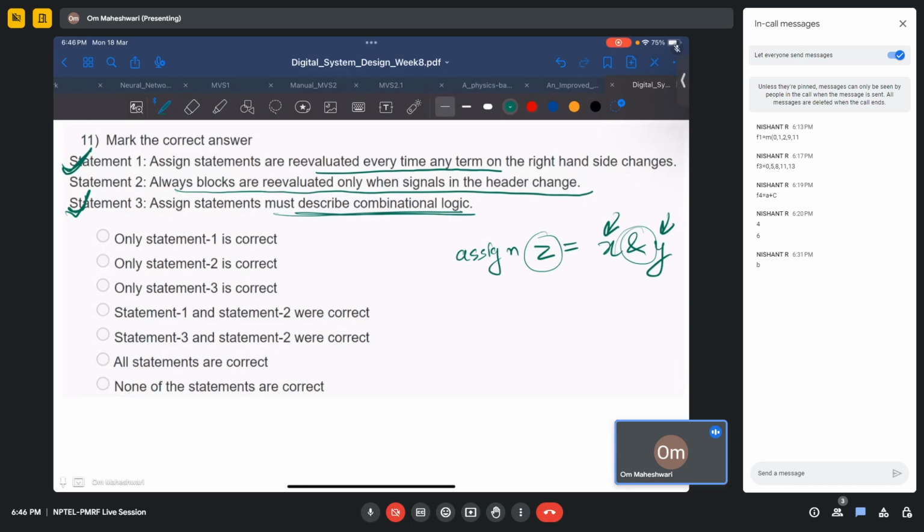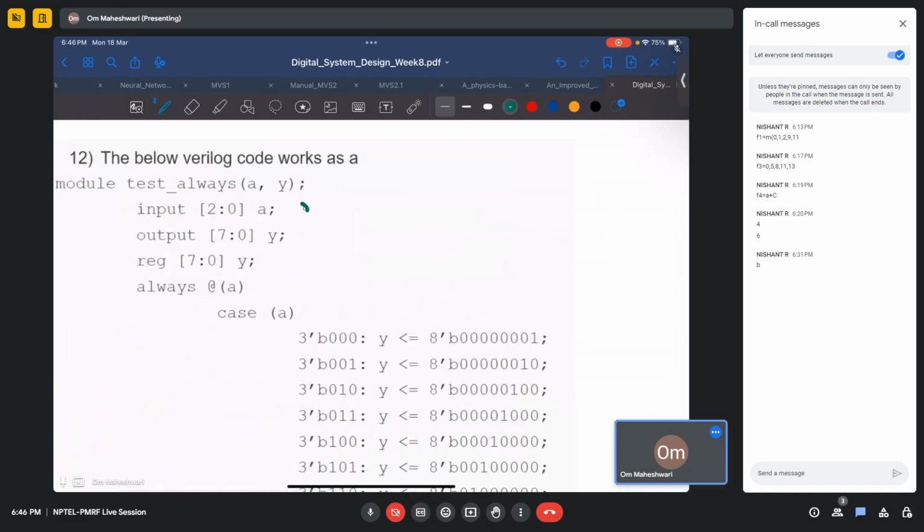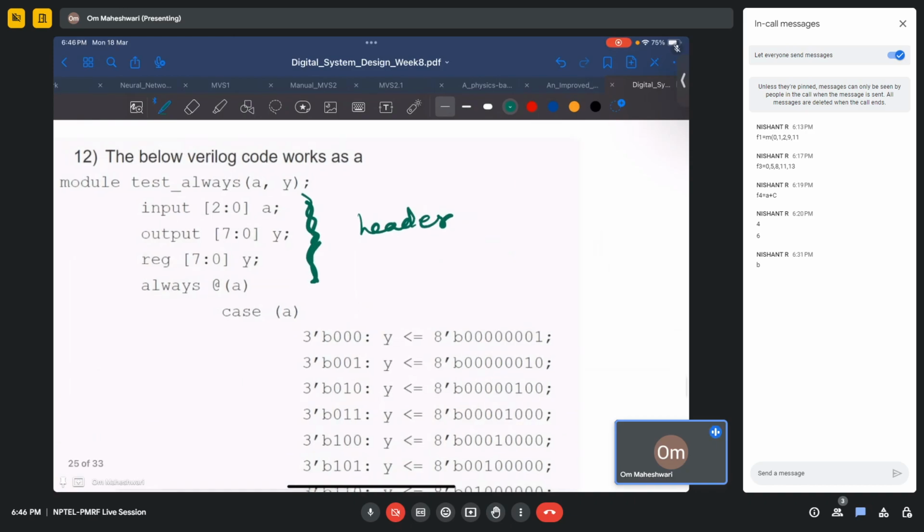So in general, what we read is that always blocks are reevaluated when signals in the header change. If you take, let's say, this is your header, if any of these changes, whatever is in the always block will be reevaluated, which is actually correct.